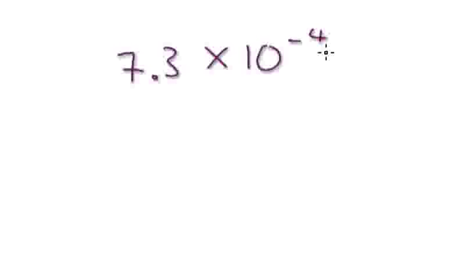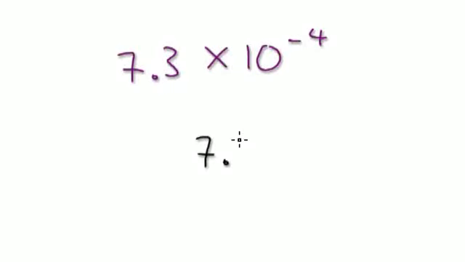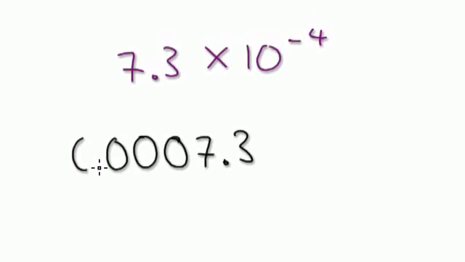Let me give you another example here. Let's say 7.3 times 10 to the power minus 4. When you have times 10 to the power minus 4, I know that the overall answer would be smaller than 7.3. So I'm going to visualize 7.3 like this.